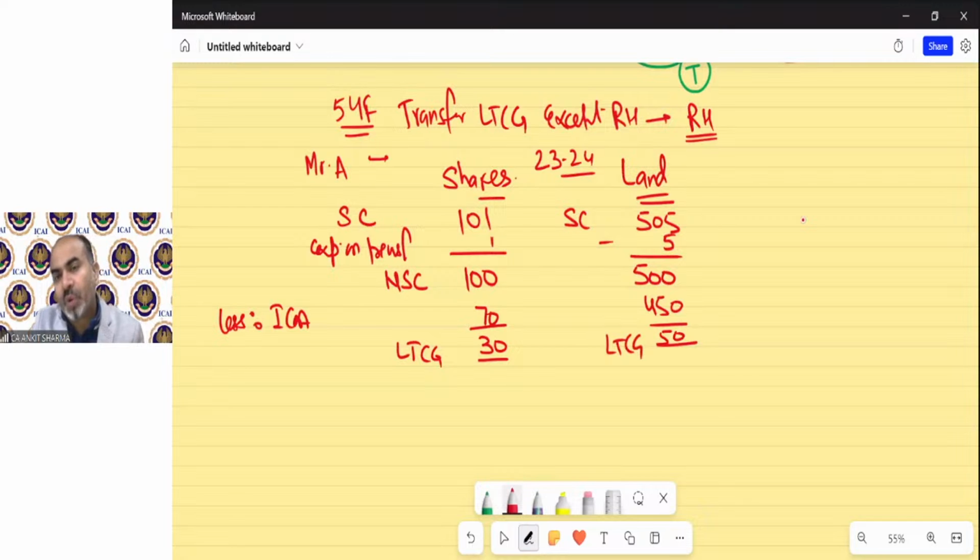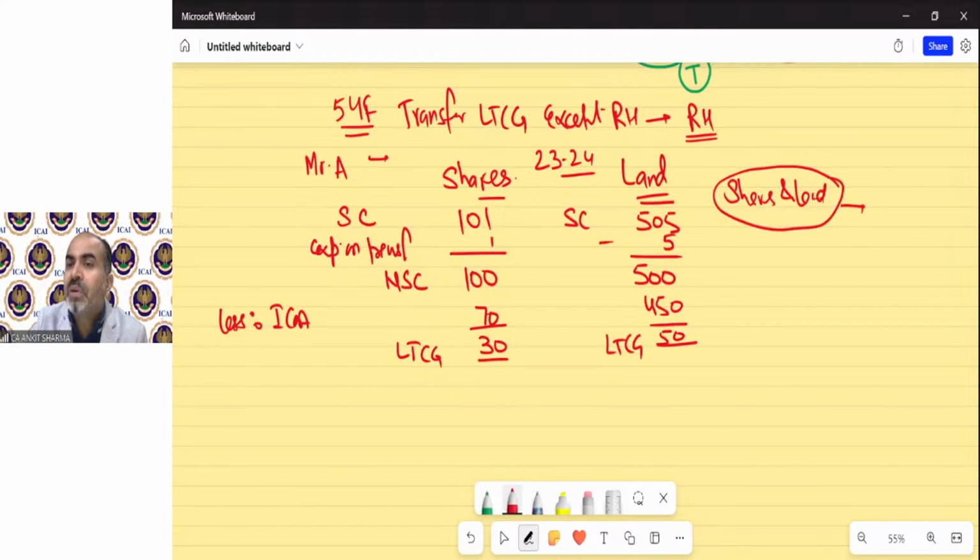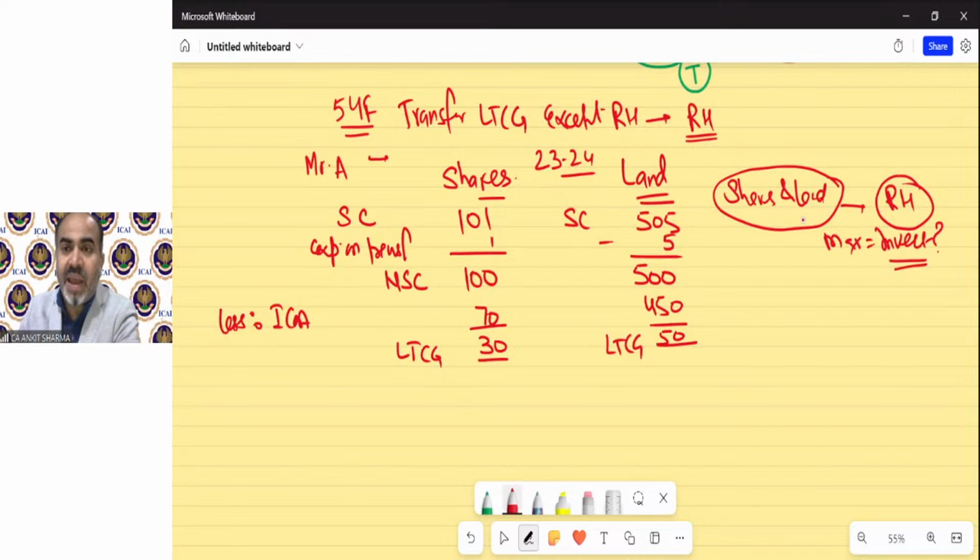So if I ask you that by selling of shares and land both, now Mr. A wants to purchase a residential house. So how much maximum can he invest? How much maximum can he invest to purchase a residential house by selling of these shares and land? So the maximum investment in this residential house can be done by Mr. A is this value, 100 plus 500.